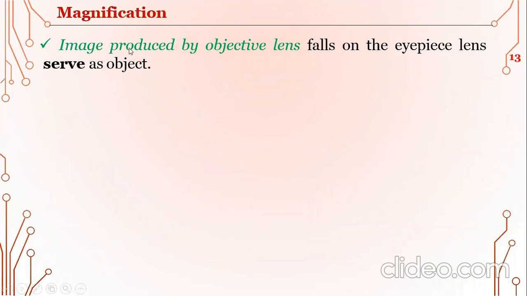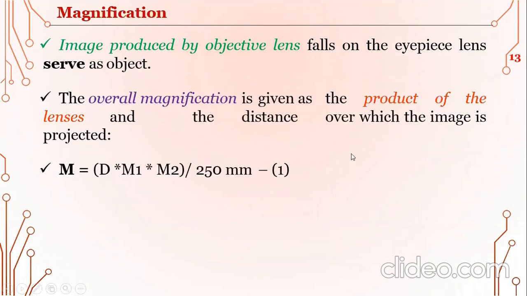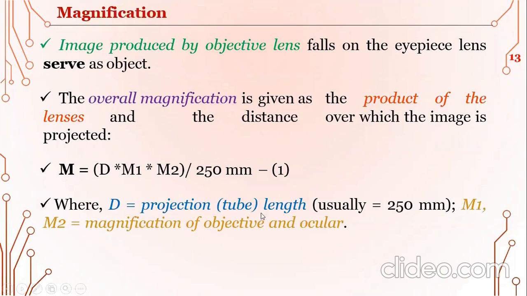The overall magnification is the product of the lenses and the distance over which the image is produced: D times M1 times M2, divided by 250 millimeter, where D is the projection tube length, and M1 and M2 are the magnifications of the objective and ocular.